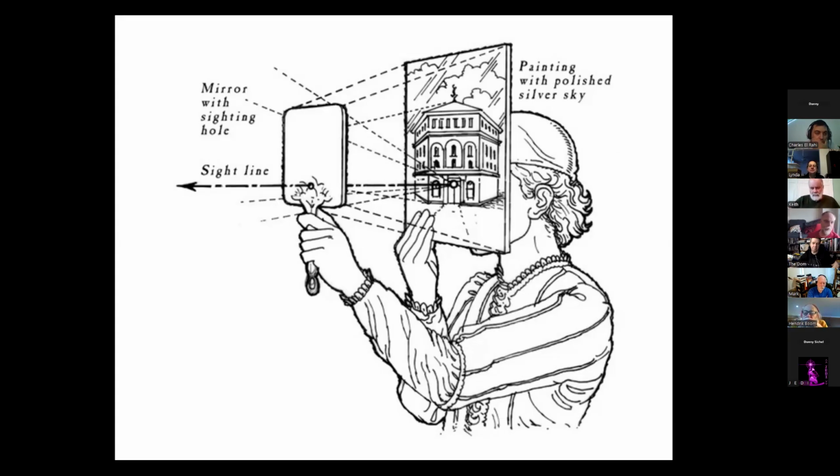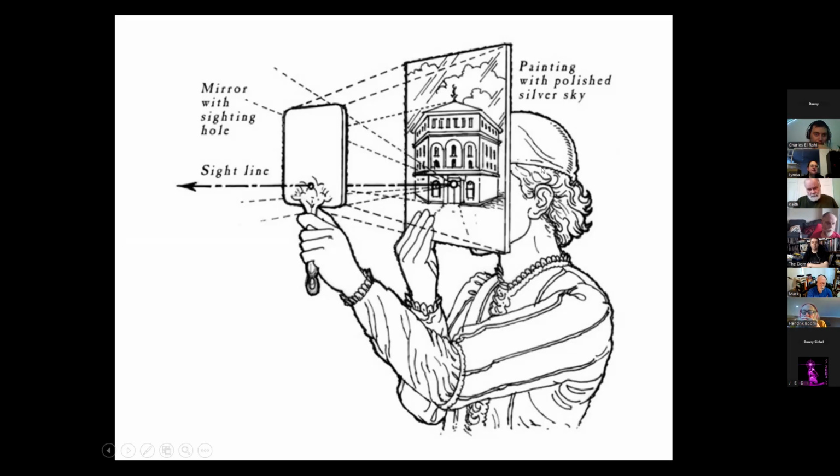And then he had a person hold that painting up, and there was a hole in the painting that you could look through at the actual building. And he had a mirror surface for the sky, so you were getting actual reflections of the real sky. But the drawing on that painting was a drawing of the building.